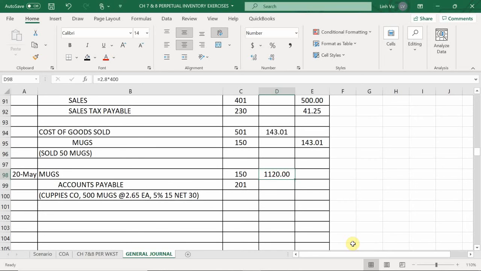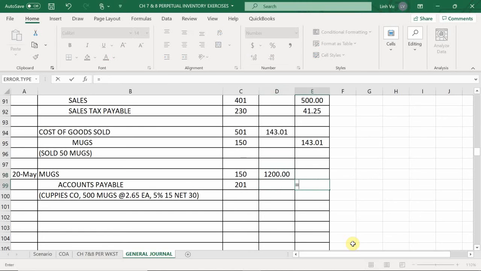Where did you get that 20 cents from? Not 20 cents, $20. No, it's 1,120. That's what I find with the freight. 1,120 plus $80 freight. So what's your grand total? 1,200. Yes. Okay, good.